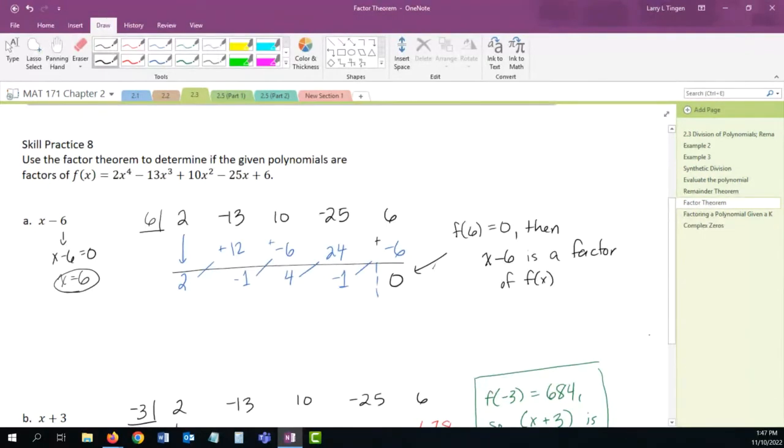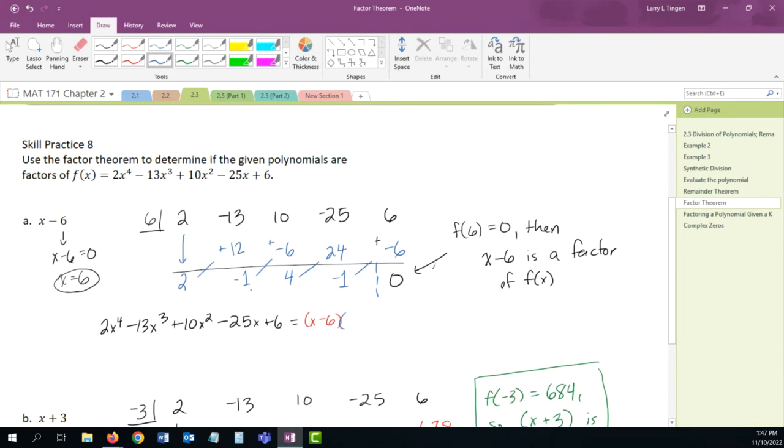Now, I'm going to take what we just did and break down the original. So now I know that f of x, 2x to the fourth minus 13x cubed plus 10x squared minus 25x plus 6, is equal to the divisor, x minus 6, times the quotient.